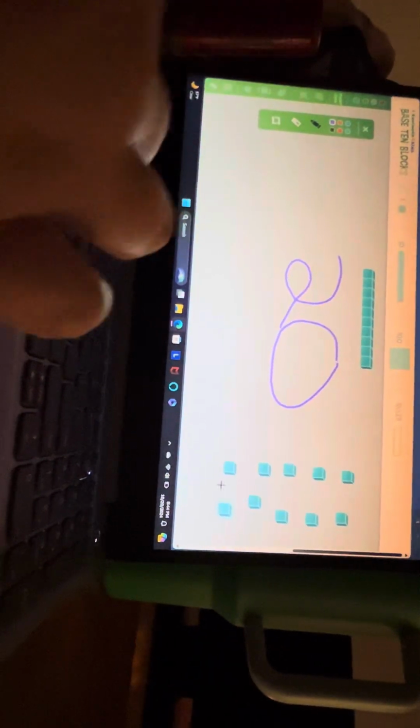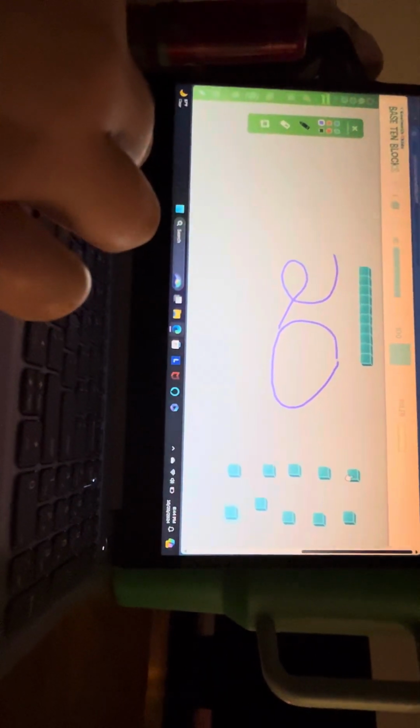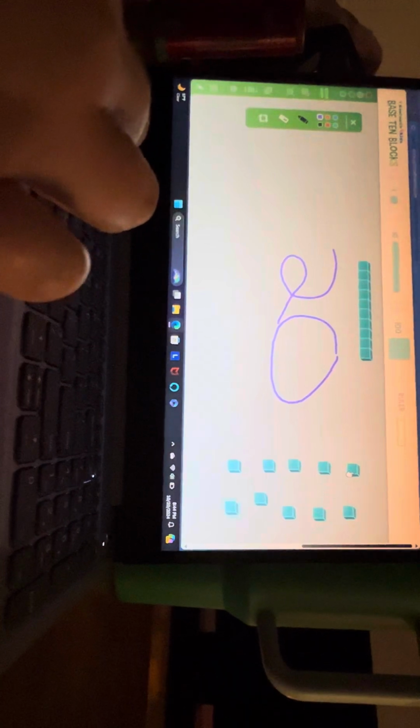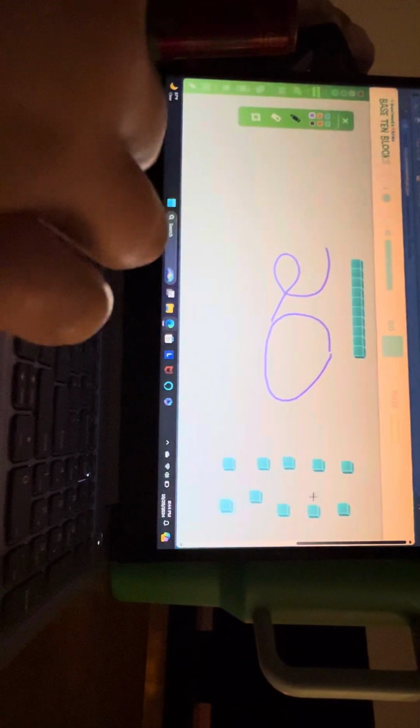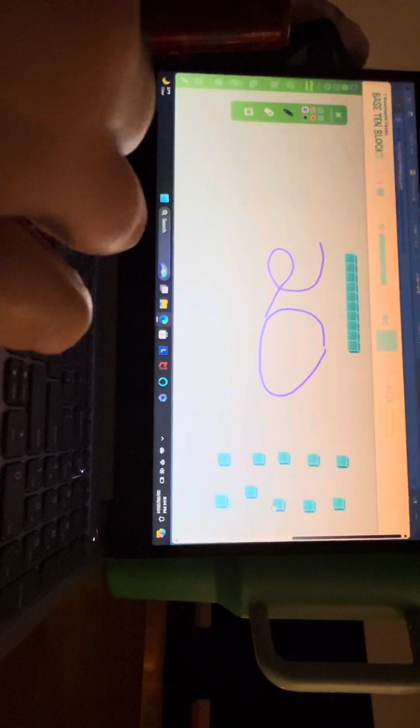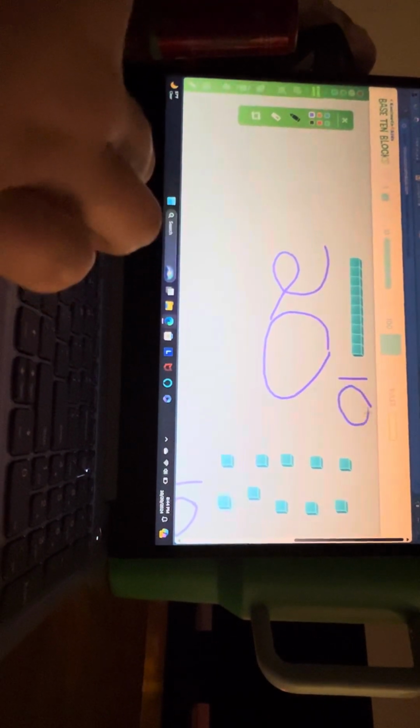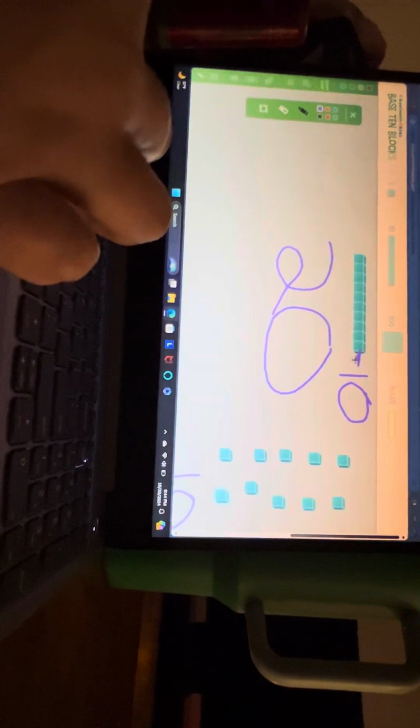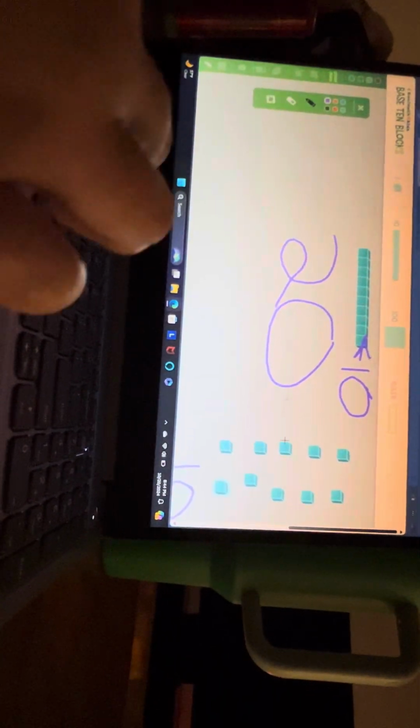If we counted these ones blocks, our individual blocks, just by themselves, we have 1, 2, 3, 4, 5, 6, 7, 8, 9, 10. So we have 10 of these blocks as individuals, but we also know that 10 individual blocks make up a tower, don't they?